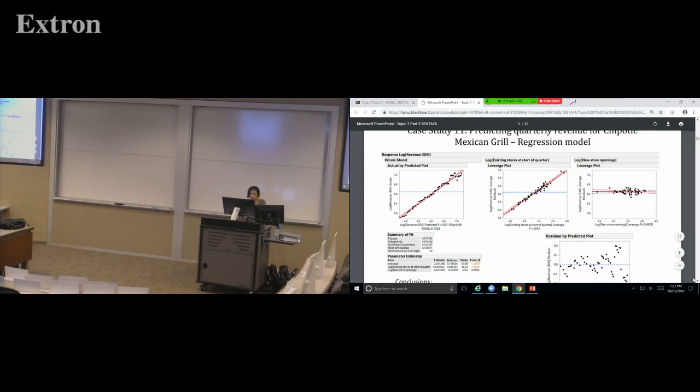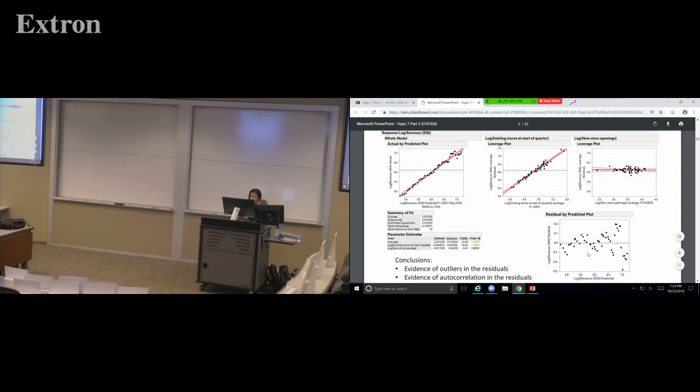So when you look at the residuals, let's look at the leverage plot or the actual by predicted plots for these regressions, and specifically this residual by predicted plot, what you're able to see is evidence of outliers in the residuals. I don't know if you remember leverage plots from regression.